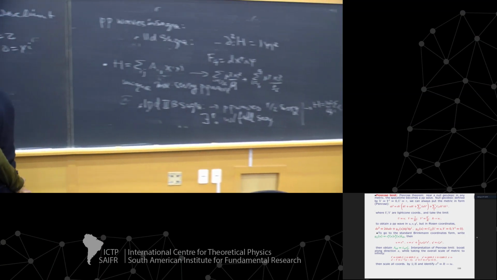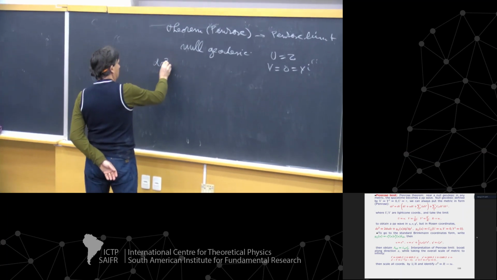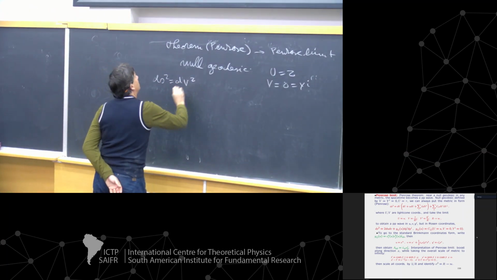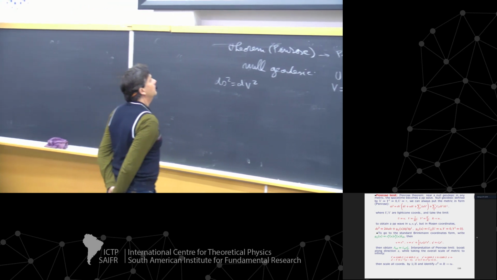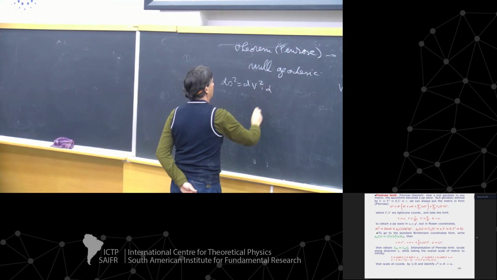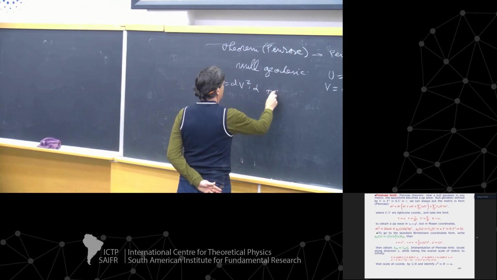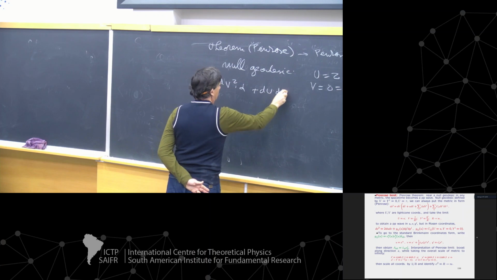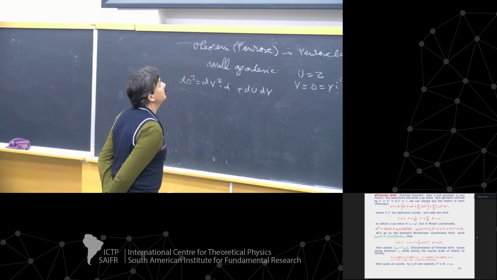So we have this dv squared term with a coefficient alpha, and then du dv, which is like dx plus dx minus from before.